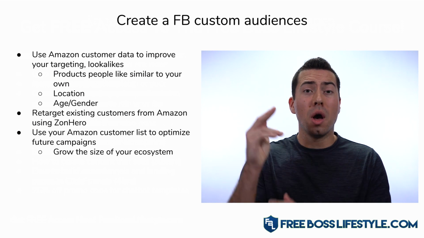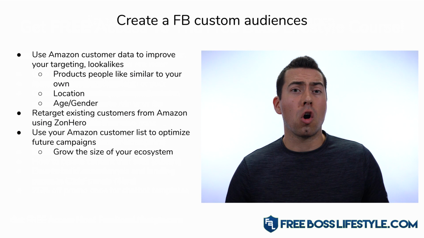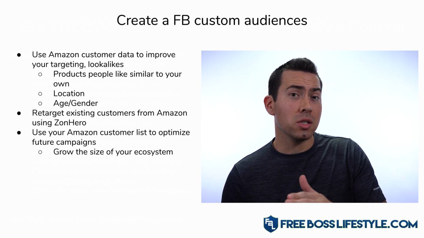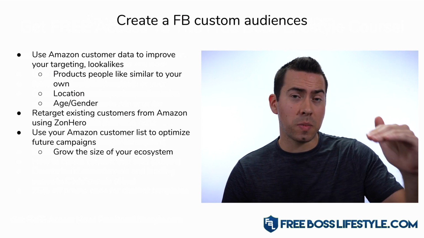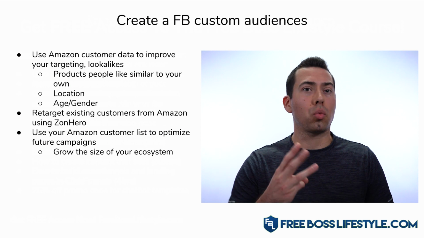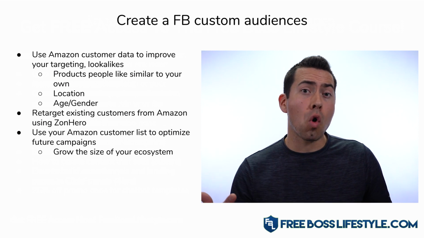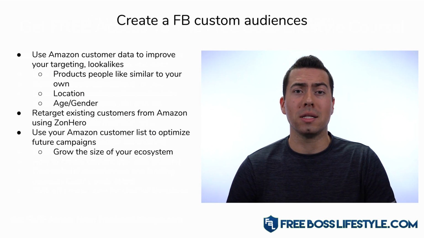So if people watched multiple videos and maybe they watched over 50% of these multiple videos, or maybe they visited multiple landing pages, when you create your custom audience, you can say they visited this page and they visited this page and they visited this page, then you know that those people that visited 3 to 5 different pages are going to be warmer than the people that just visited one page. So you want to be pretty smart when you're creating these custom audiences.